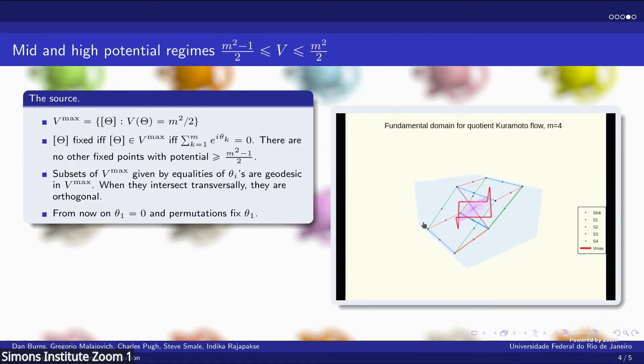You can see this in dimension 3. Vmax is a union of 6 half circles. They meet at 3 points, and importantly, they meet orthogonally because of the action of the permutation group. You are seeing everything modulo 2 pi in the 3 directions.